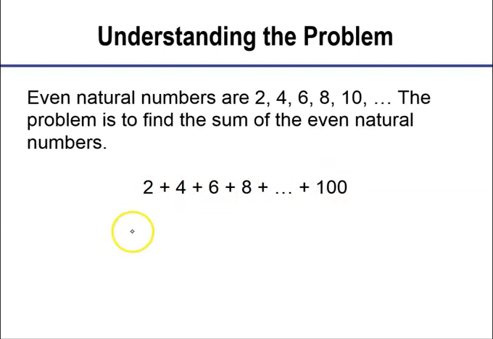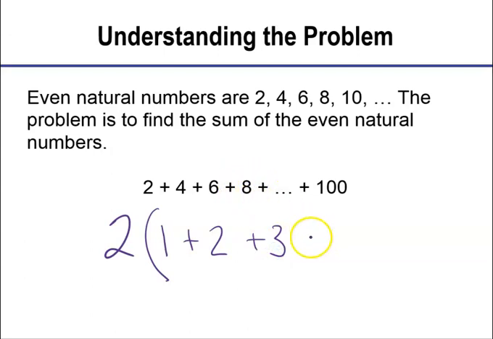Would that not be the same thing as 2 times, now if I divide that 2 by 2, that gives me 1. I divide that 4 by 2, that gives me 2. I divide that 6 by 2, that gives me 3. I divide 8 by 2, that gives me 4. All the way up to, now what would this one be? Well, we know 100 divided by 2 is 50.